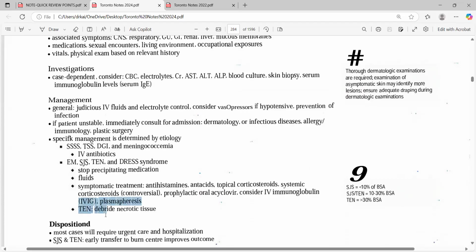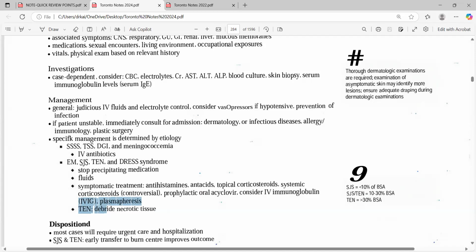So TEN is important too. Why? Because just to give you an idea, just give me a second. TEN is important in this way because it could be mixed with the other one, and you need to know how it looks.